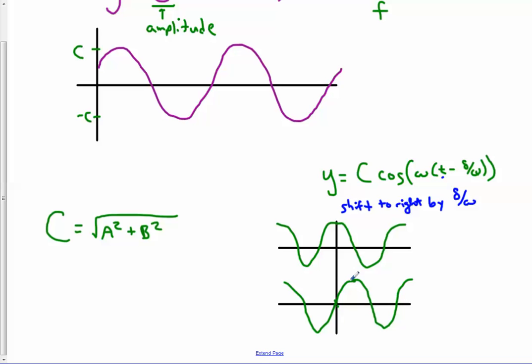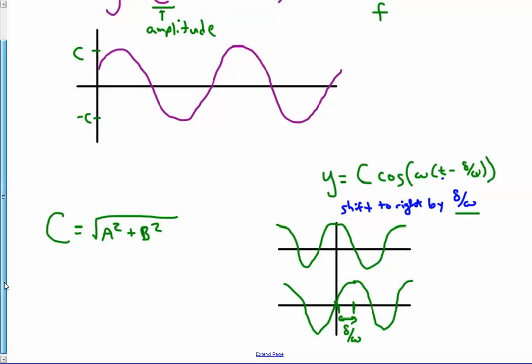It doesn't necessarily go through the origin. It just shifted by some amount, so that from here to here is delta over omega. So in effect, since it's telling us how the basic cosine is shifting over, it's telling us what part of the cosine curve is hitting the y-axis. Okay, so that information is right there.